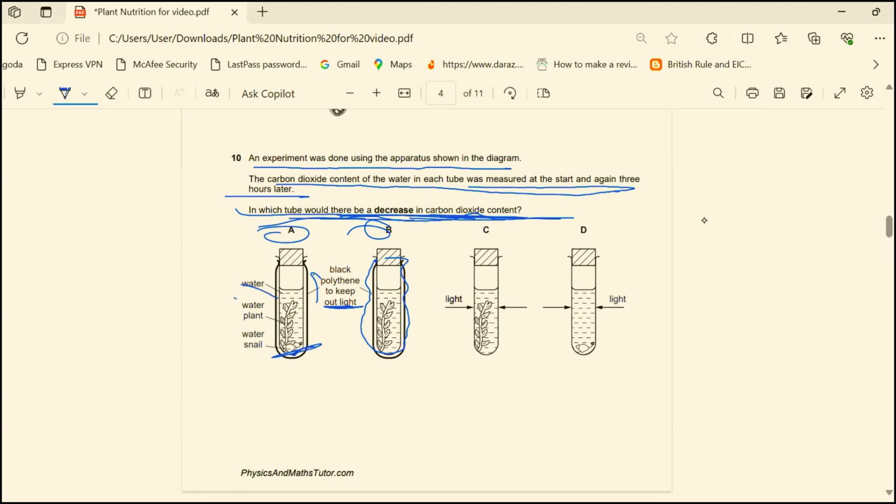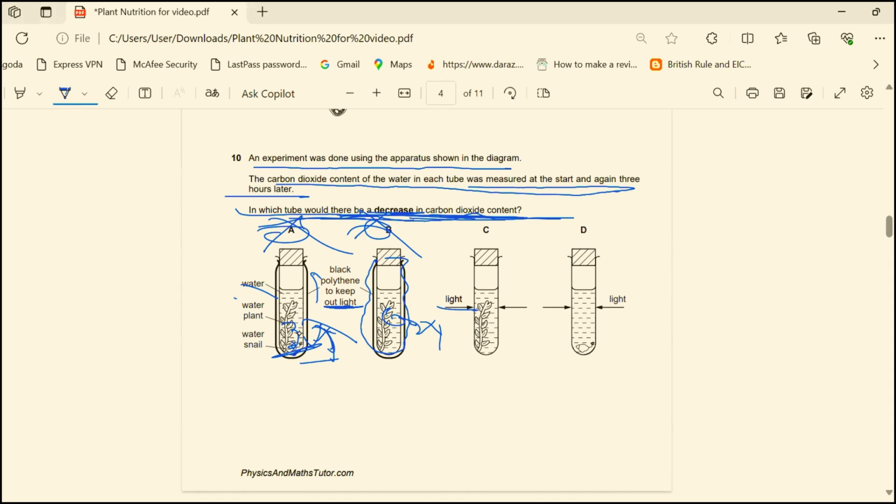So no carbon dioxide will be taken in or decreased, and it will do respiration and increase the content of carbon dioxide. Hence, A and B cannot be the answer.